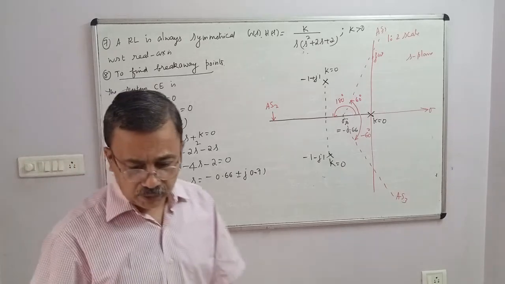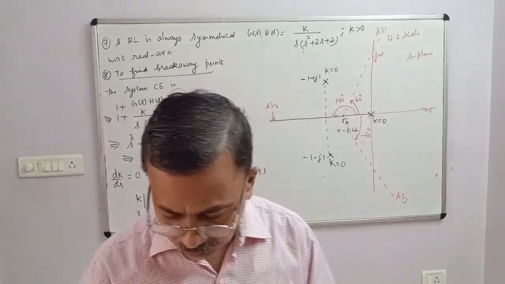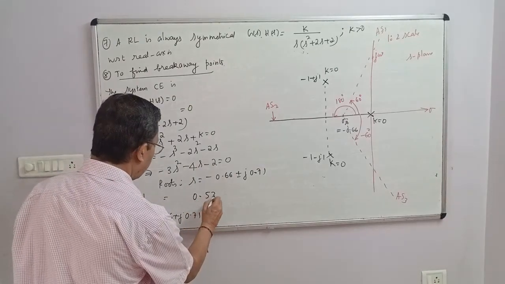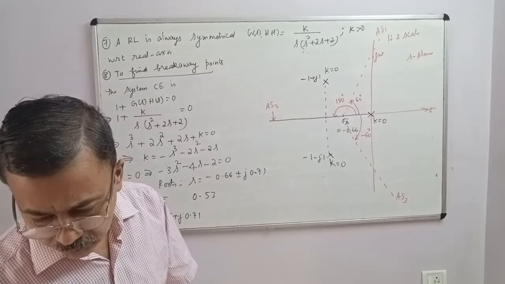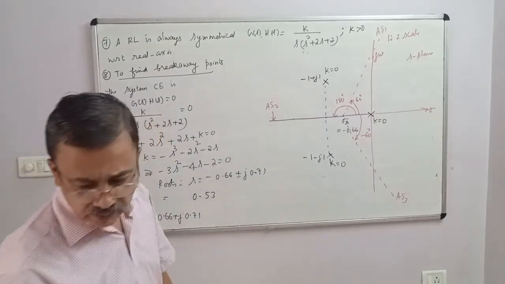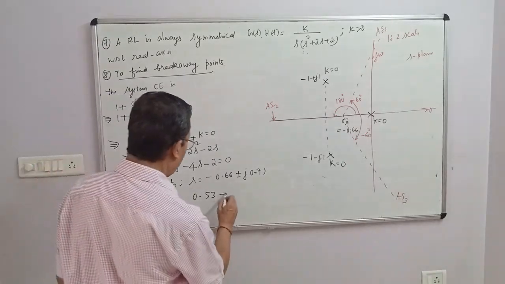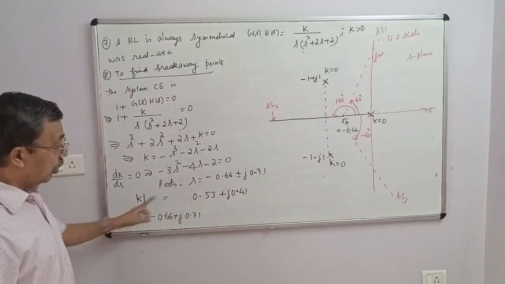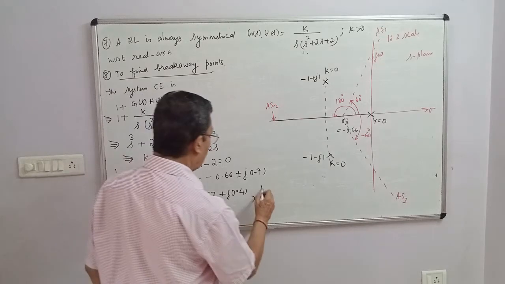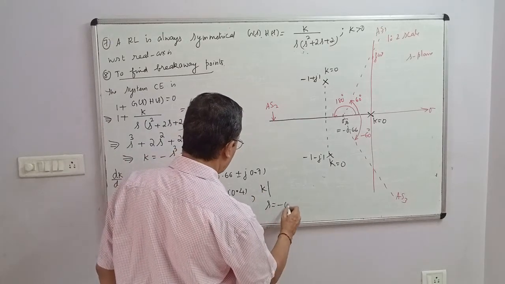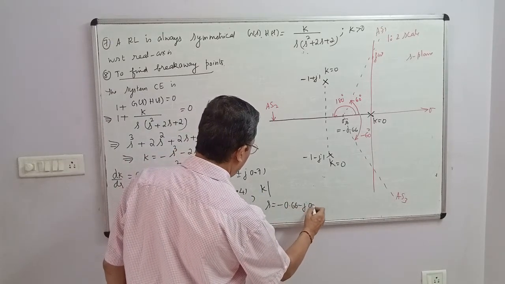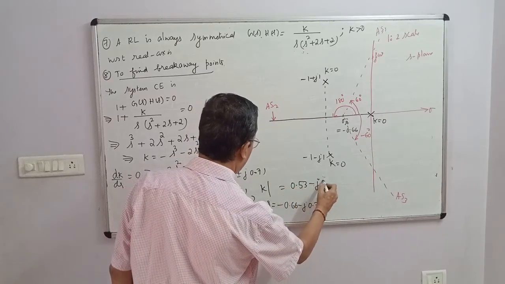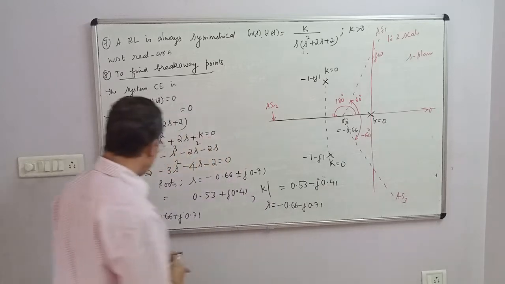If you calculate the value of k, you get 0.53 plus j0.41. The value of k is complex. The value of k at s equal to minus 0.66 minus j0.71 is 0.53 minus j0.41.